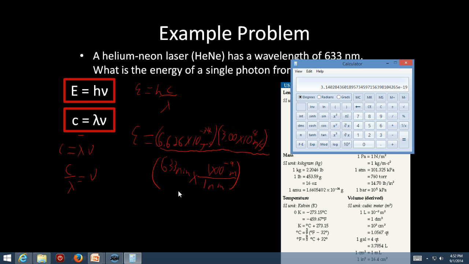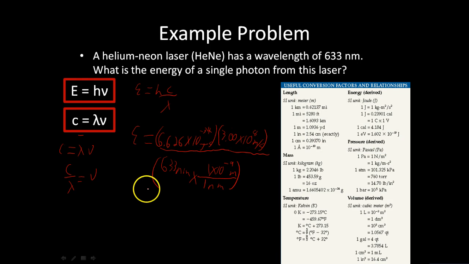Alright, so our energy here is 3.14 times 10 to the negative 19th joules. So energy equals 3.14 times 10 to the negative 19th joules.